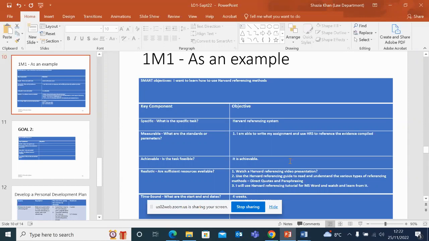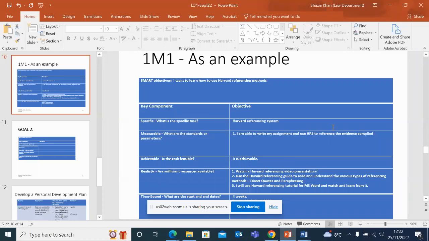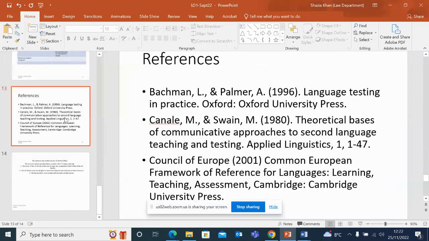I think you should go onto Moodle and check that. But this is just an example of one of the sites that I've used previously. It's called Neil's Toolbox. It's very good. You've got different sites. You can go onto UK Varsity and look at what they've put on Moodle, because they'll put loads of information on Moodle for you to work.